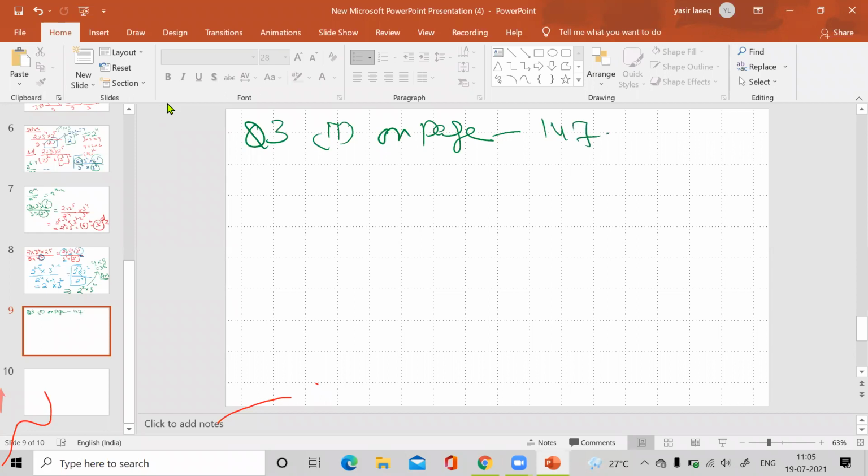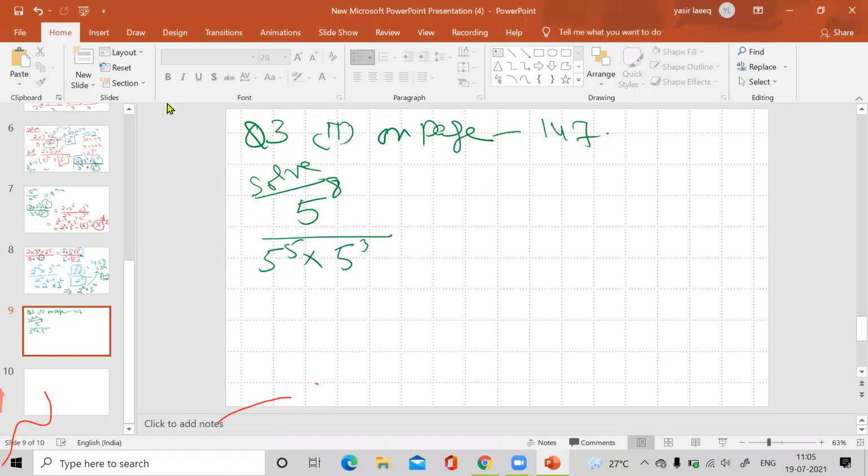Okay. The question is 5 raised to the power 8 divided by 5 raised to the power 5 into 5 raised to the power 3. Solve it. Question 3 part 2, or question second part 2?